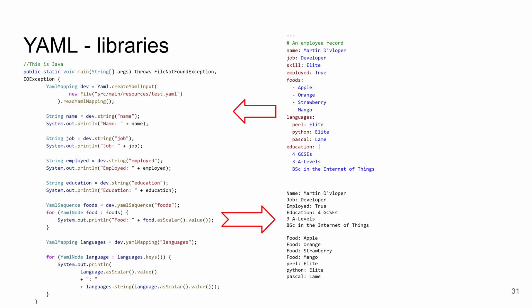We take a look at the node as a scalar, and we take its value. Now, the languages are actually a mapping. That's why we access it using the YAML mapping method. And for the mapping, we go through all keys in that mapping, and for each key, we access the value and print the value.